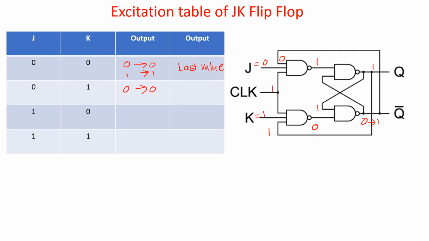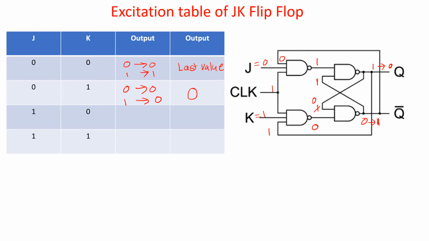Now this 1 goes here, 1 1 becomes 0. Now let us take one more time. This 0 comes here, 0 0 becomes 1 and this 1 goes here, so 1 1 becomes 0. Meaning is I assumed 1, I got 0, that means 0 is remaining stable. So I am writing here it as 0. Now again this is similar to your SR flip-flop.